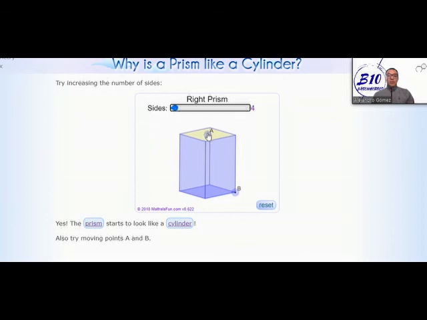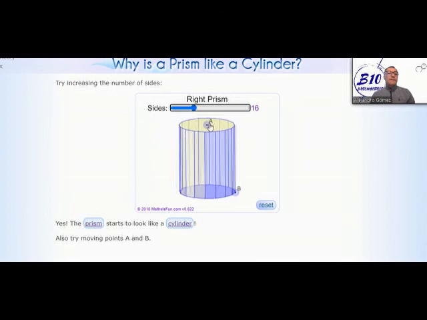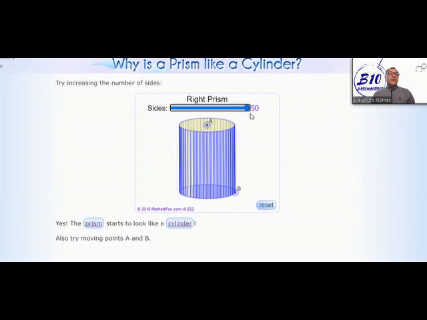It can be a cube, a cuboid. So it's a rectangular prism. But the more faces I have, the more it looks like what? Check it out. The more it approximates to a cylinder.